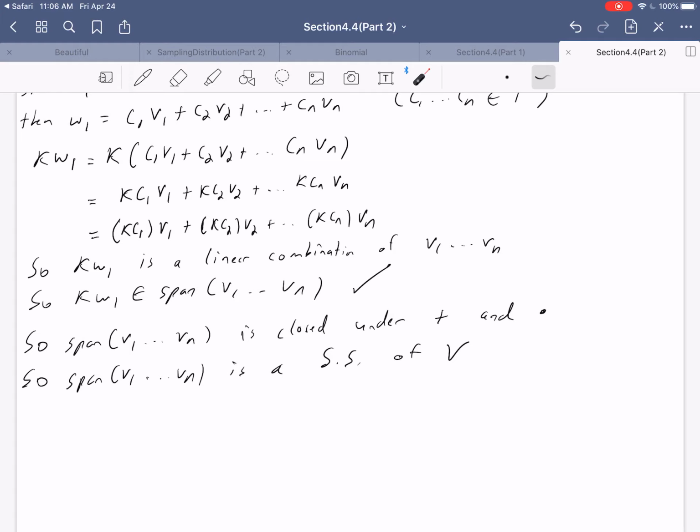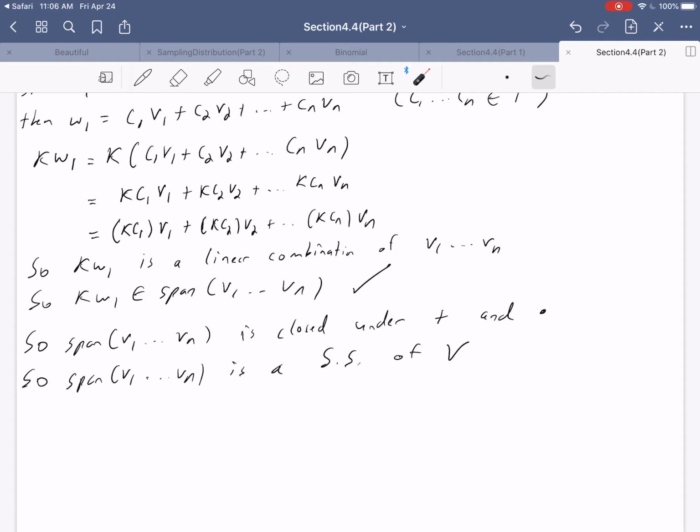And this really tells you that coming up with the span of a set of vectors is an easy way to generate different types of vector spaces, right? If you want to come up with an interesting vector space, you just pick a couple of vectors from some space and think about everything that is generated or spanned by those vectors. And that'll always be a subspace, a vector space. Okay, so this tells us that the span is not just a set, but actually is a subspace.